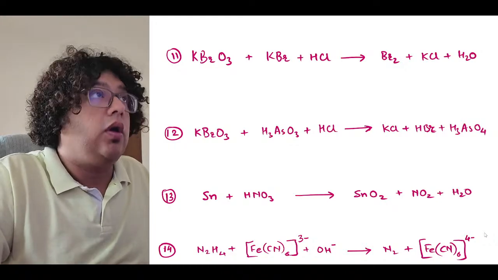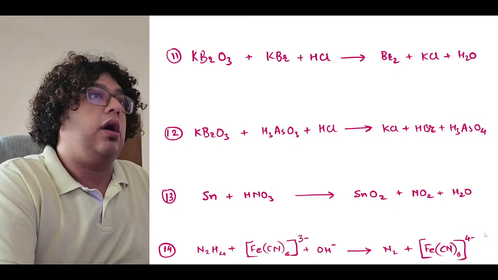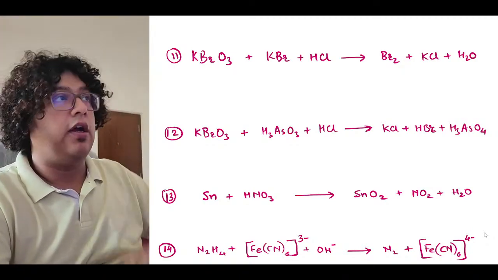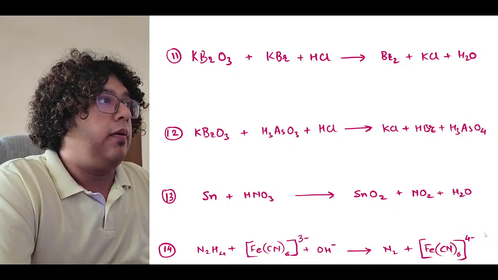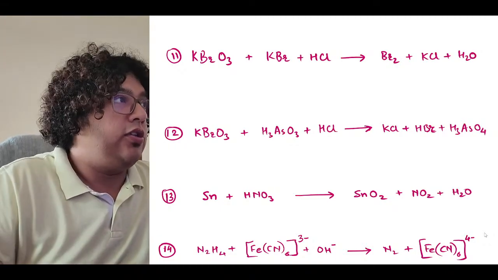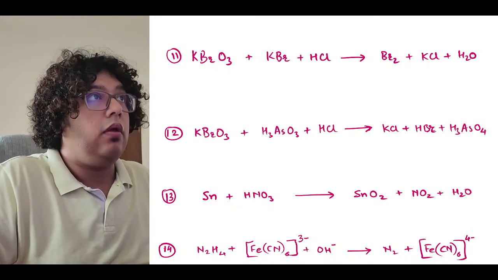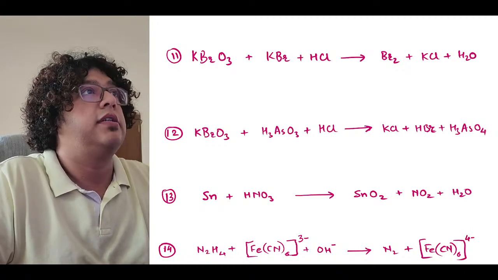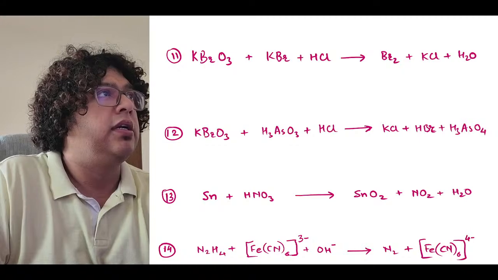How many of you are done with question number 11? Just raise your hand if you are done with question number 11. Come on, everyone, fast. Akash and Abhishek also done, right?